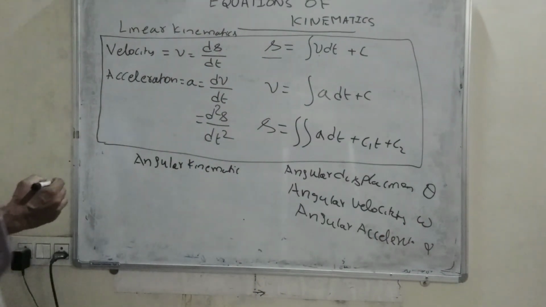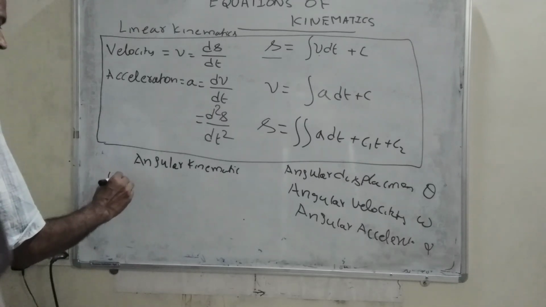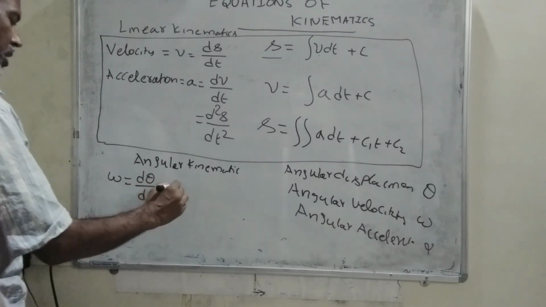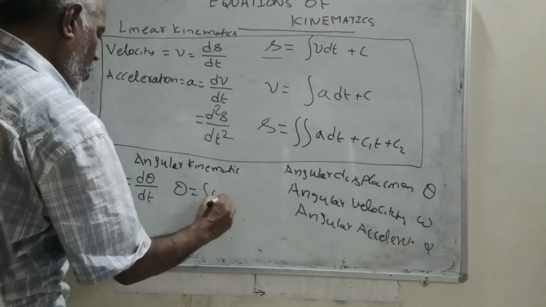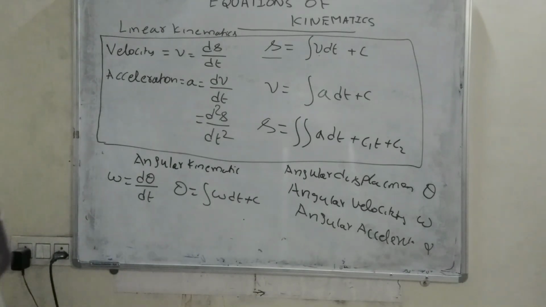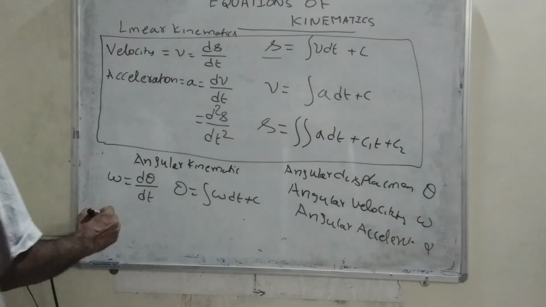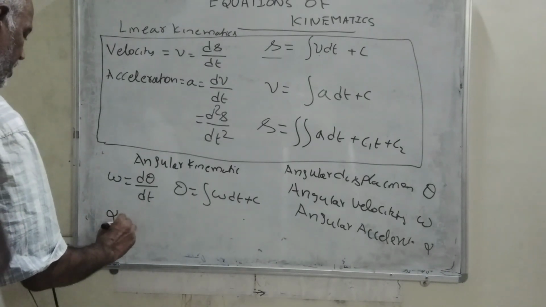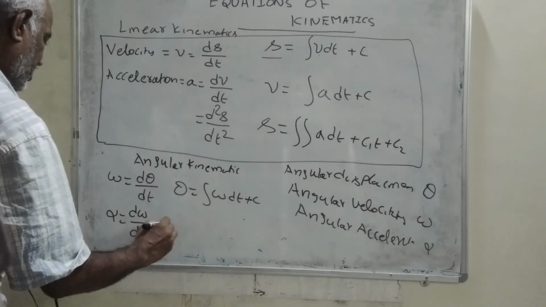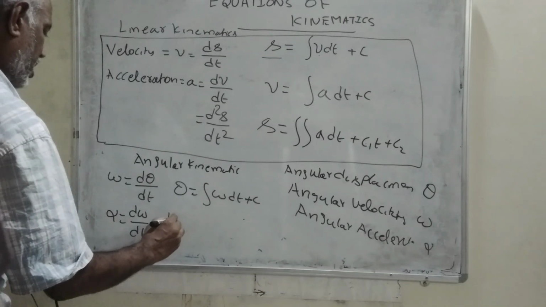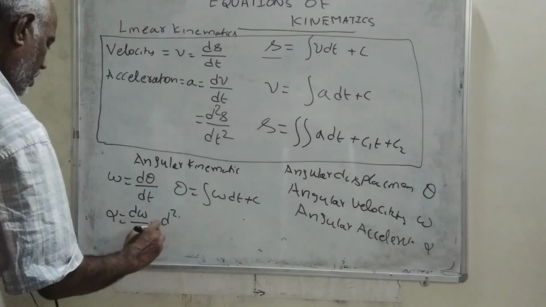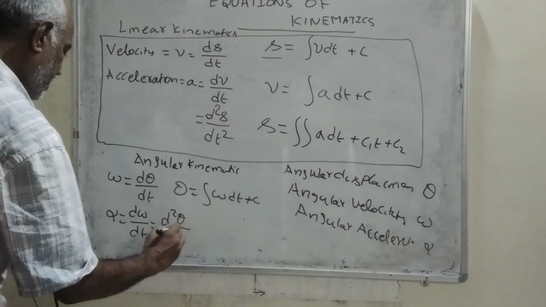So omega is equal to d theta by dt, or theta is equal to integral omega dt plus c. Similarly, alpha is equal to d omega by dt, which is equal to d squared theta by dt squared.